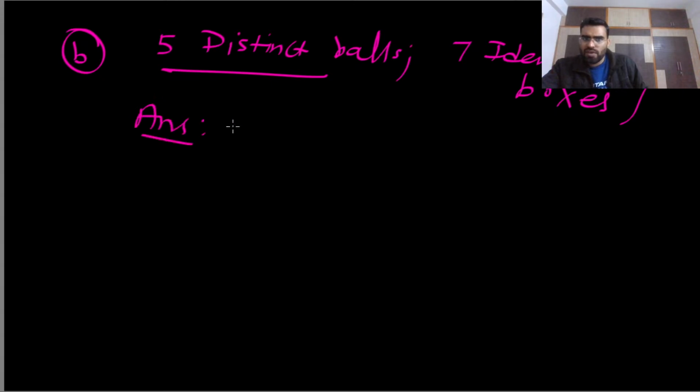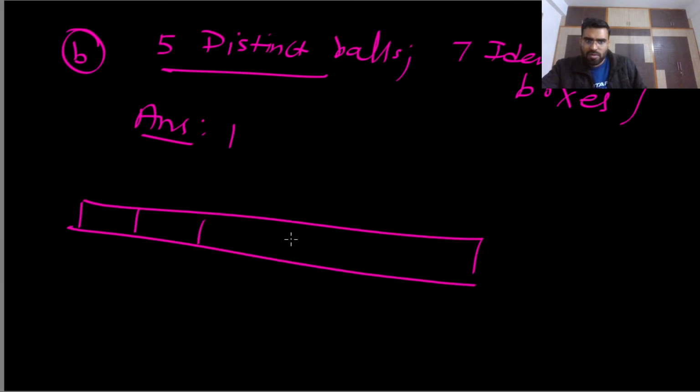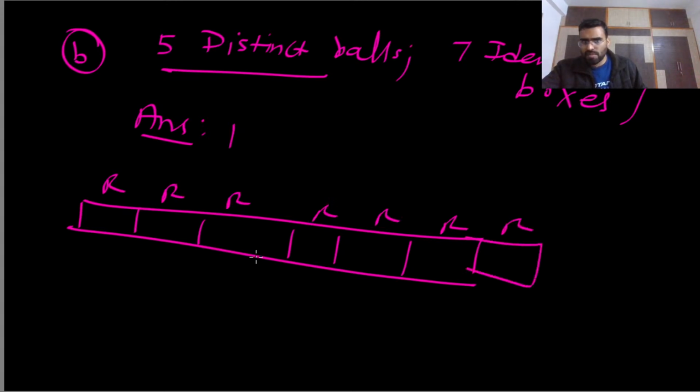Here the answer is only one way, because all the boxes are the same. You have five different balls, and in each box at most one ball can go. So how many ways are there? Very simple, only one way.